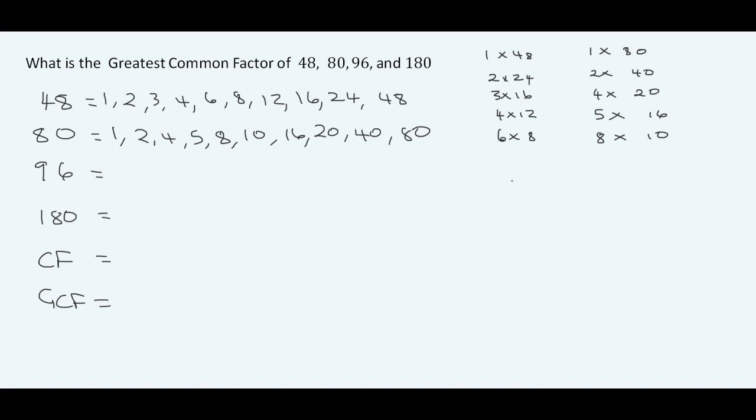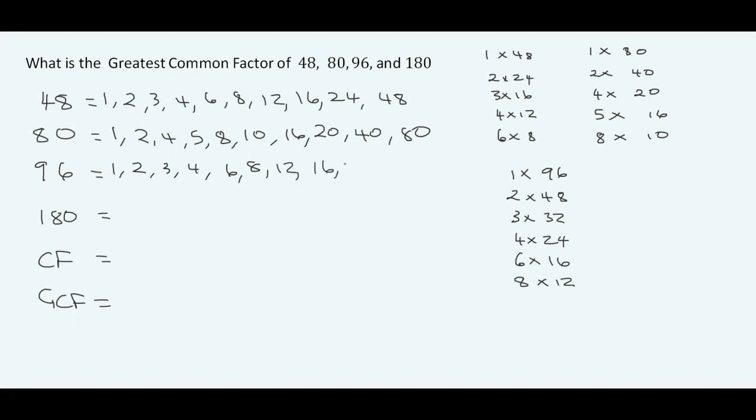Now 96, we have 1 multiplied by 96, 2 multiplied by 48, 3 multiplied by 32, 4 multiplied by 24, 6 multiplied by 16, 8 multiplied by 12. So we have 1, 2, 3, 4, 6, 8, 12, 16, 24, 32, 48, 96.